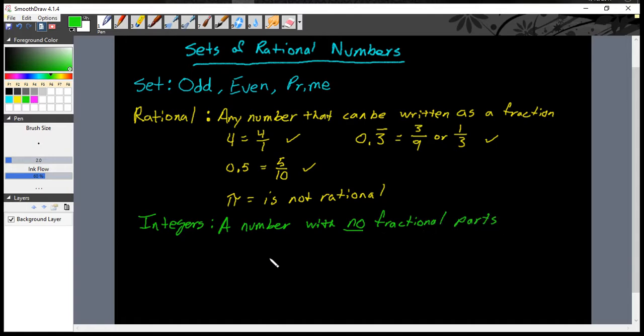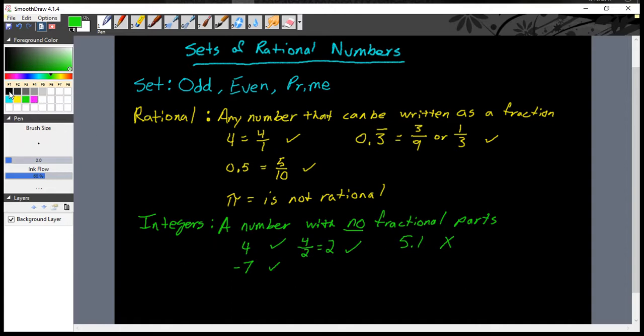So the number 4, -7, even 4 over 2. This looks like a fraction, but 4 divided by 2, 4 halves is just 2, and 2 doesn't have any fractional parts. So these are all integers. 5.1 is not, because that 0.1, that 1/10, is a fractional part. So that's not an integer.